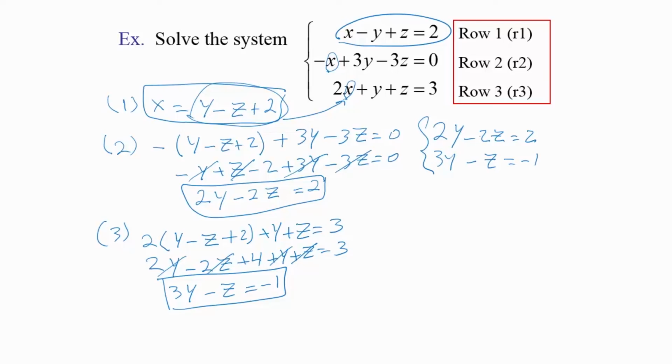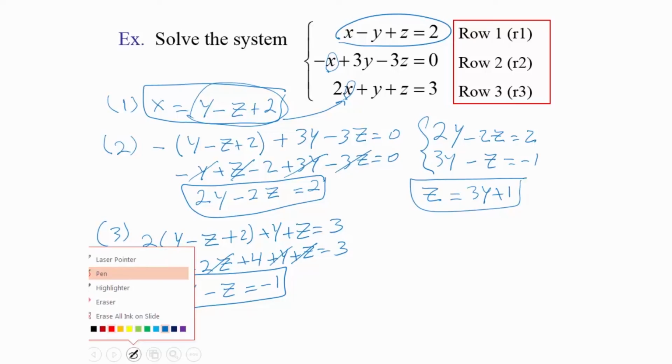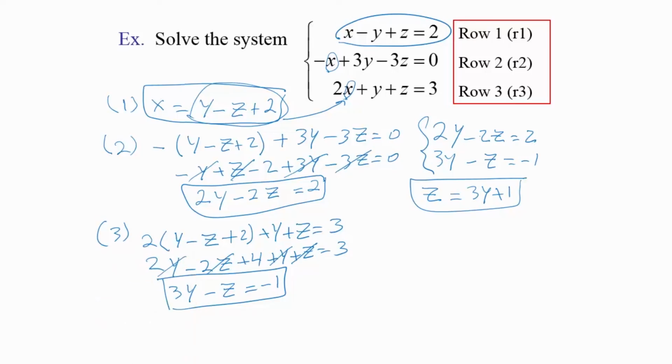Again, as before, I solve for z. Let's say in the second one I solve for z. I take the minus z to the other side. It would become z equal 3y plus 1. I go ahead and plug it back into the first equation. This value, I'm going to plug it into the first equation for the z.